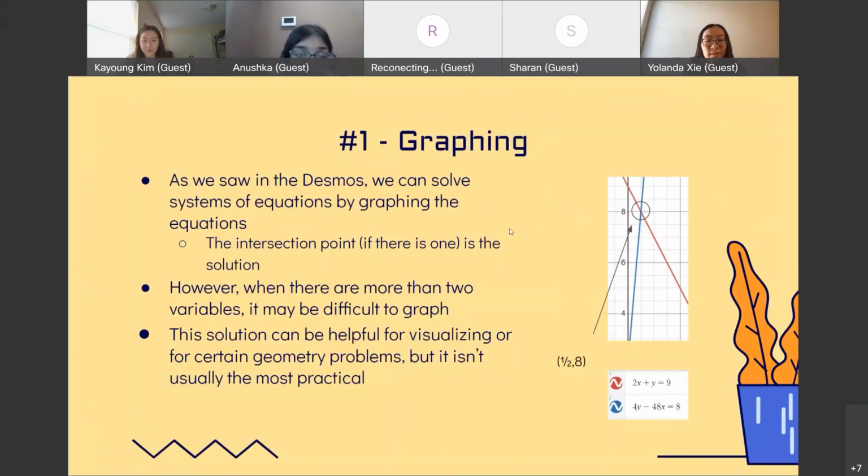All right, so think back to the Desmos and remember how we plotted two different lines on a graph and then found the point where they met. That's how you can solve systems of equations by graphing them. The point at which they intersect will be the solution.